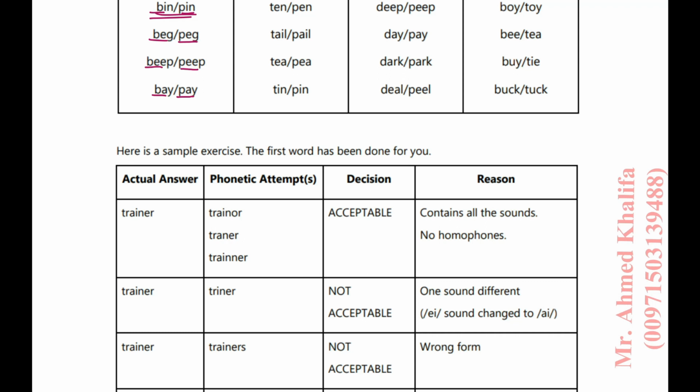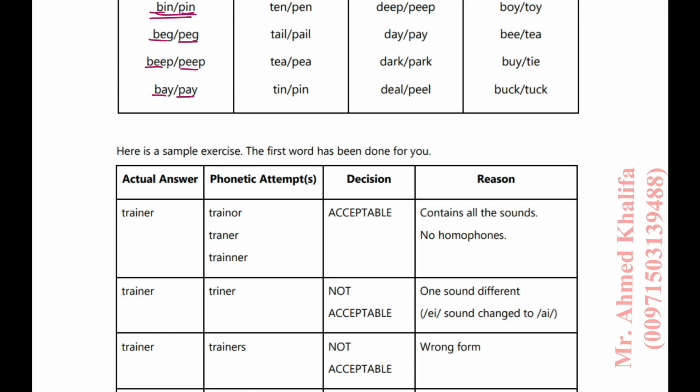The phonetic attempt must contain all the sounds or phonemes of the actual word. What does that mean? I'll make it easier: if the word is not confused with another word, it is correct, even with some spelling mistakes.